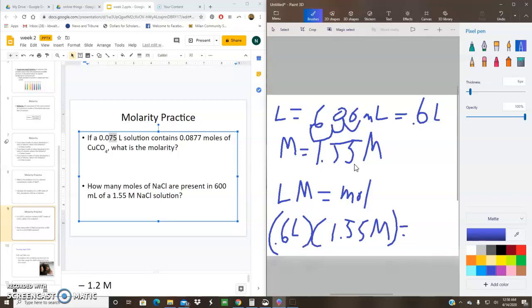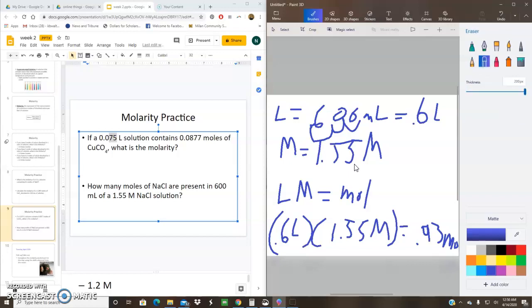So I'm going to give you a second right here to answer. So the answer you should have gotten would be 0.93. Now that's 0.93 moles of NaCl.